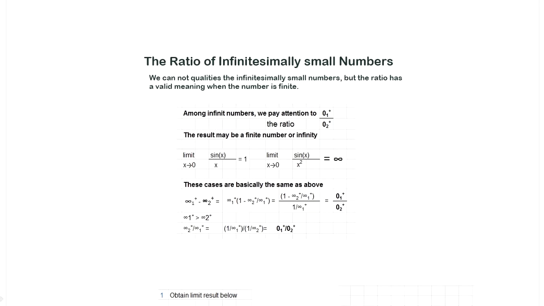Okay, now since we talk about infinitesimally small numbers, when you take a ratio, what happens we don't know, right? But let's use a limit method to figure it out.